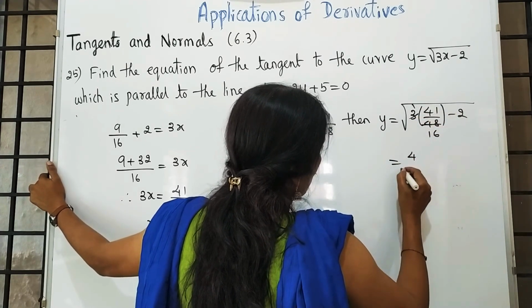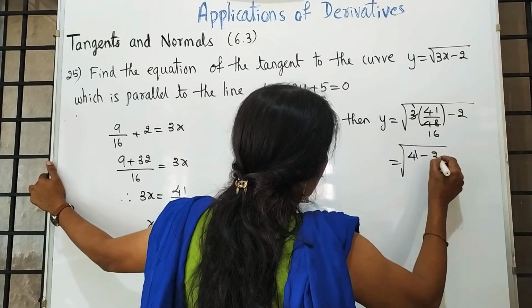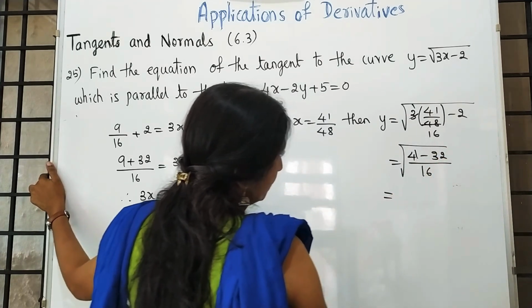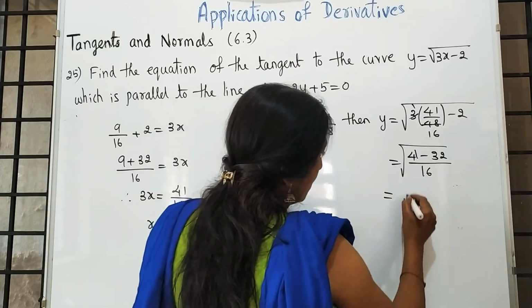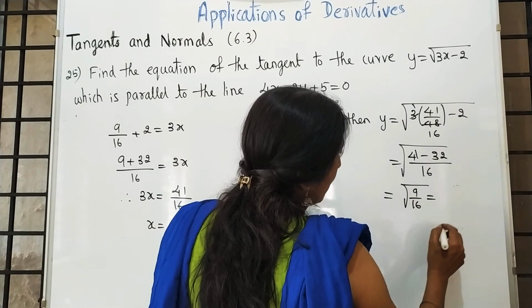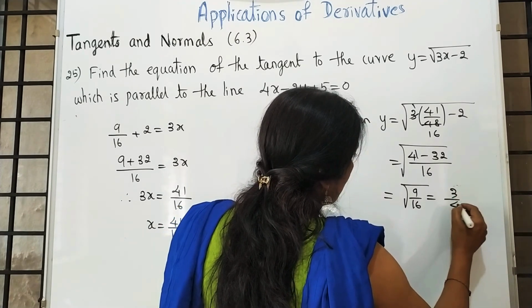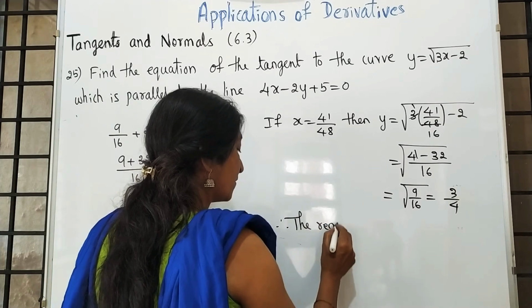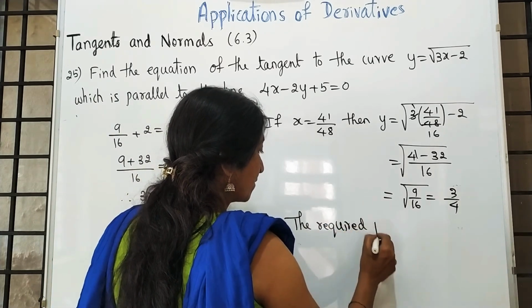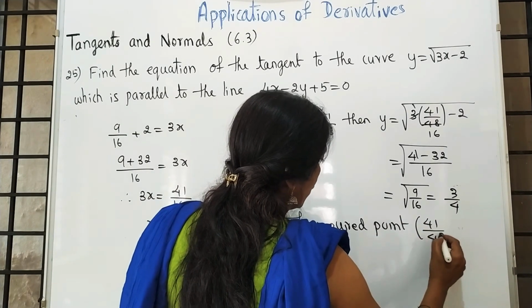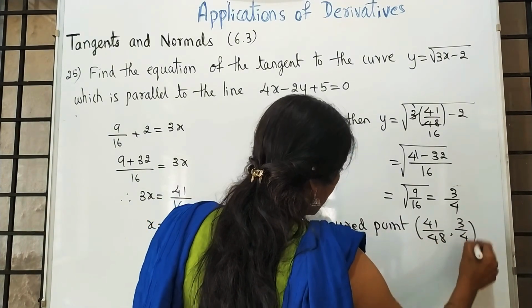It is root of 41 minus 32 divided by 16. It is root of 9 by 16. Root of 9 by 16 is 3 by 4. Therefore, the required point is 41 upon 48 and 3 by 4.